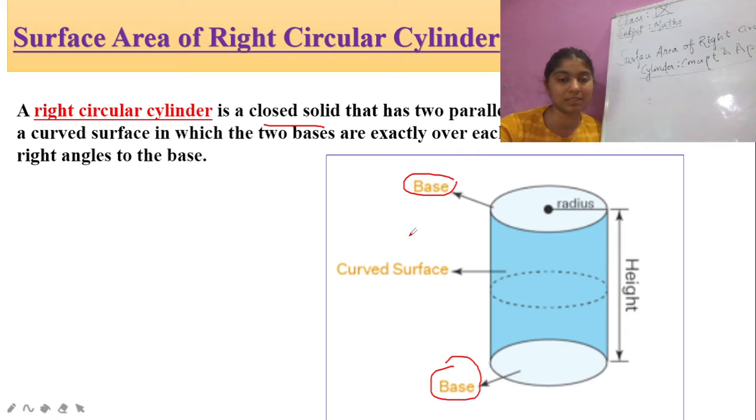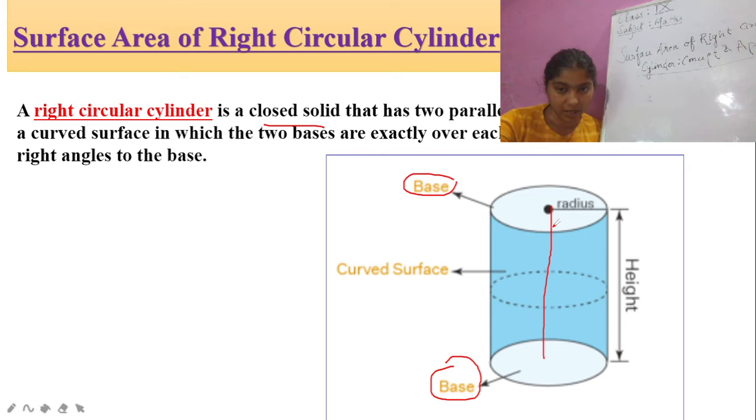The two bases are exactly over each other and the axis is at right angle to the base. So you can see it is a right angle, 90 degrees on both sides, right? Here also we have 90 degrees.